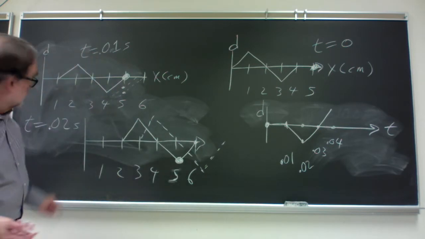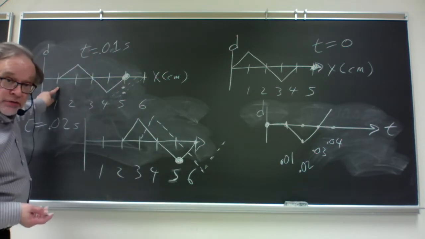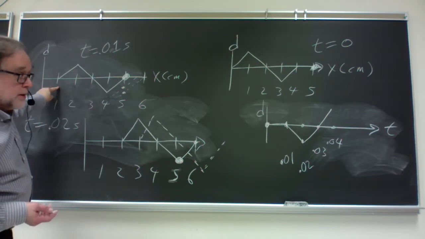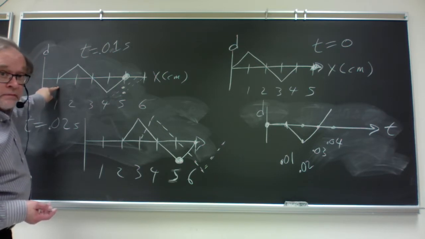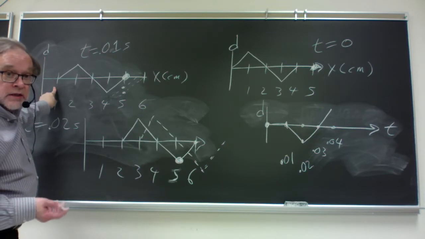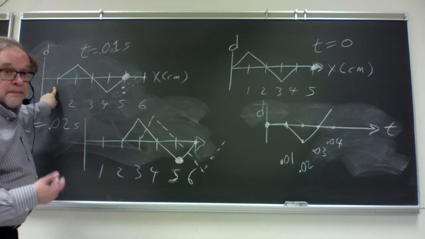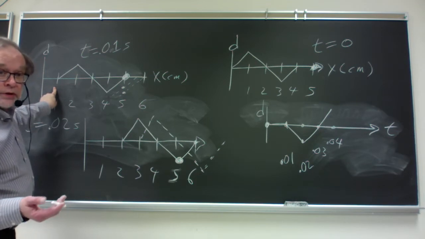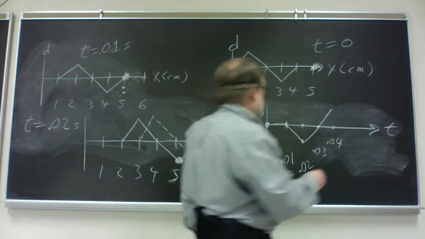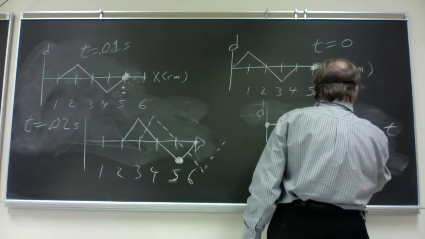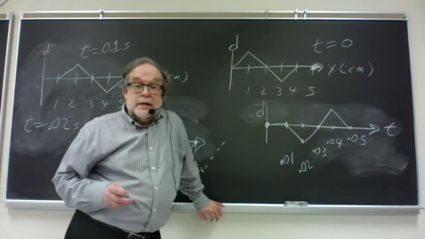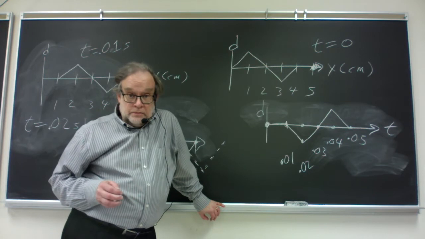And then in the last hundredth of a second, this piece of the pulse passes by, so that by the end of that hundredth of a second, the tail end of the pulse is at 5, which means that's the very last moment when the x equal 5 point will experience any displacements at all. Like that. So that's the history graph.